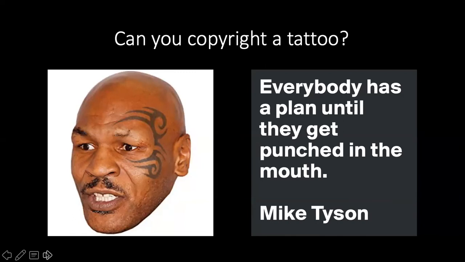Now you could say Netflix is getting punched in the mouth by Hulu and Disney Plus and Paramount Plus, et cetera, all these other competitor streaming services. As we'll see when we talk about Napster, the record industry got punched in the mouth when Napster came on the scene and basically made music free for everybody.